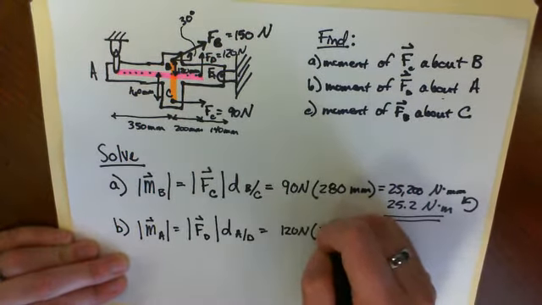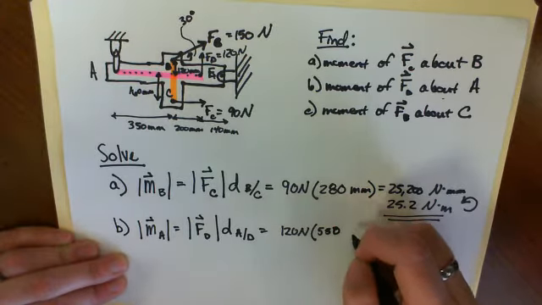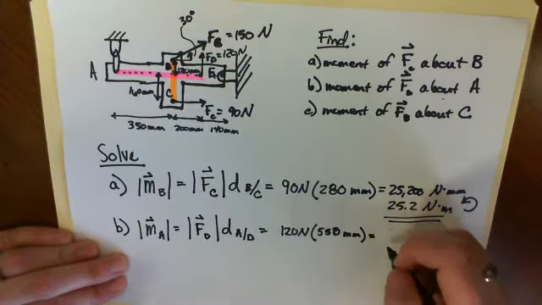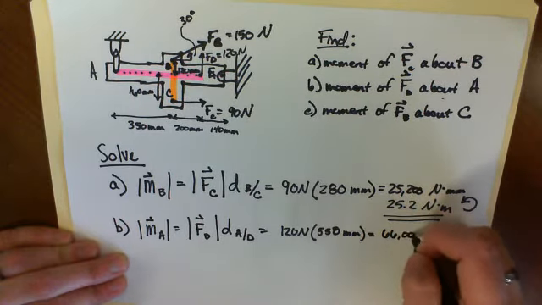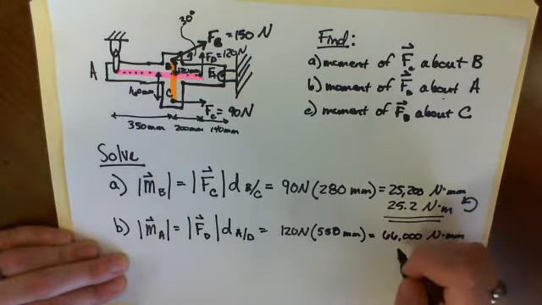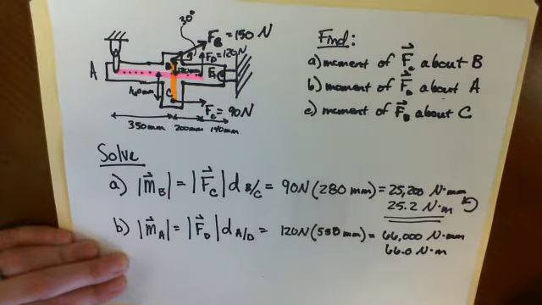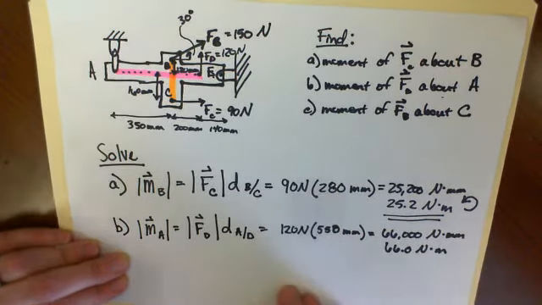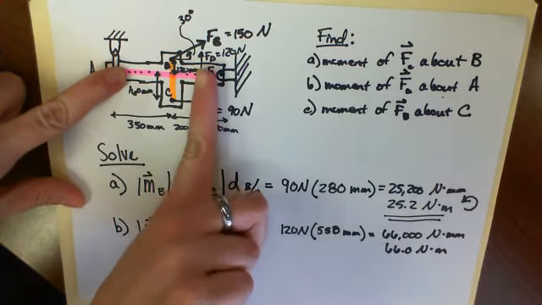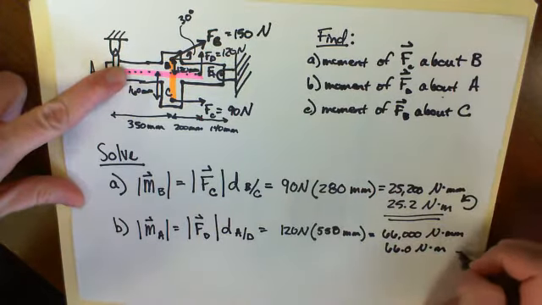So that total distance is 550 millimeters. So from there we get 66,000 Newton millimeters. And converting it to Newton meters, we have 66.0 Newton meters. And we have to figure out what direction that is, so we're doing it at point A and applying the load at D, so it's going to cause a counterclockwise rotation.